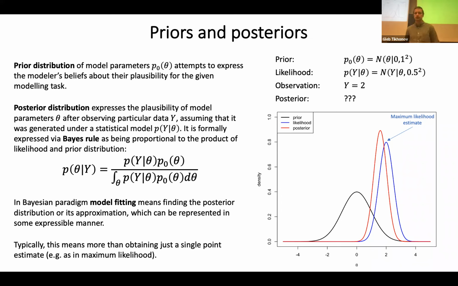We multiply the prior by the likelihood, given that the observation in this toy example is that y equals 2, and then we can acquire the posterior. It is visualized in the figure here by the black color for the prior, blue color for the likelihood, and the red color for the posterior. So the next question becomes, how do we do it in practice?